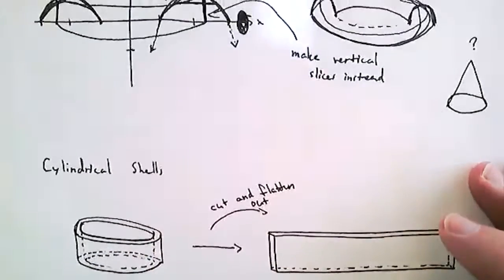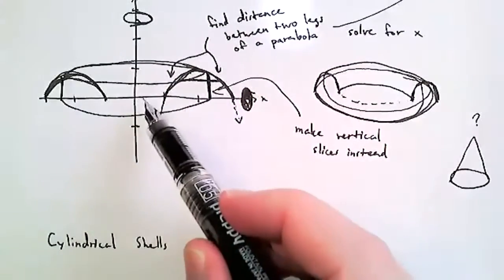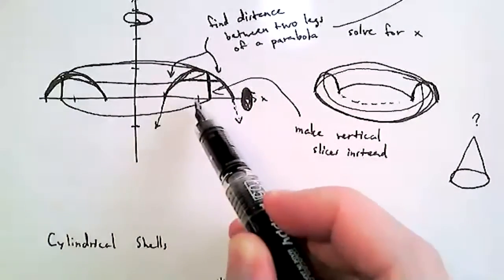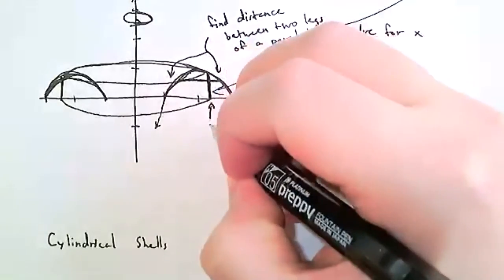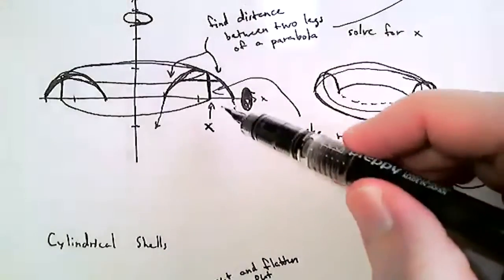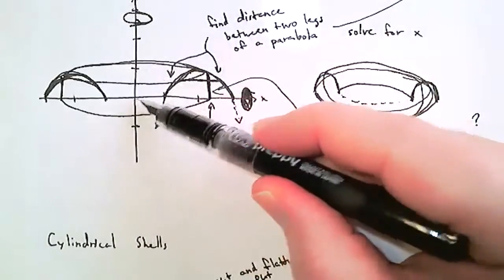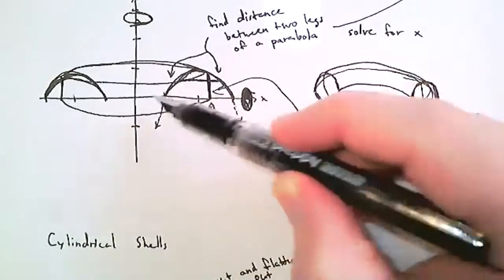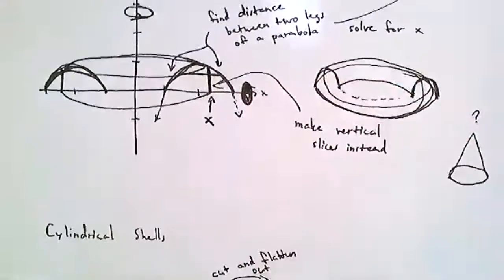We have to think back to where it came from in the graph. So we went out along the x-axis to a certain point here. Let's label it x. And this distance from the center to x became the radius of my cylinder.